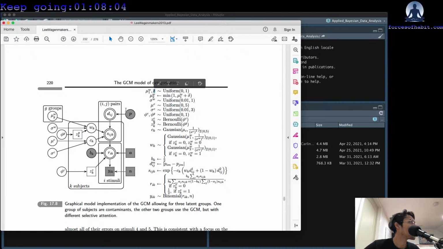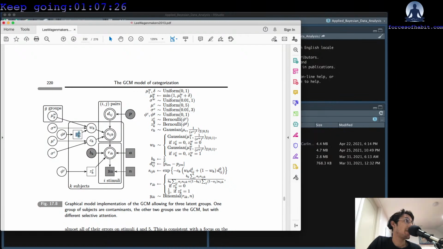Where's this coming from? So this is just telling us, okay, each of the 2 groups are going to have different average weightings, which we assume are going to correspond with high weighting towards one stimuli, and then really low weighting, which would be selective attention towards another stimuli.